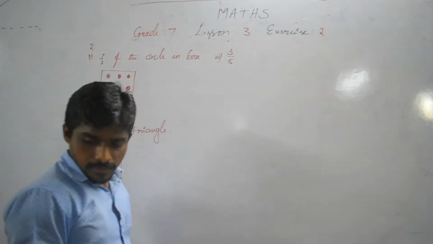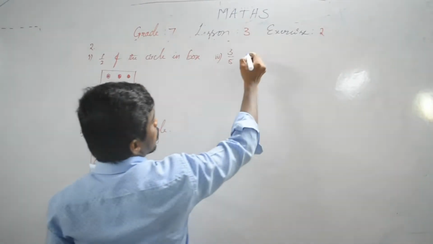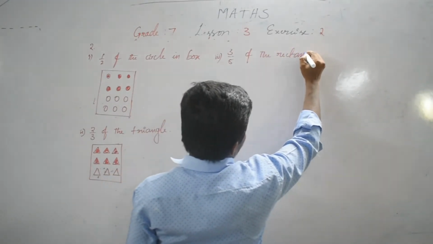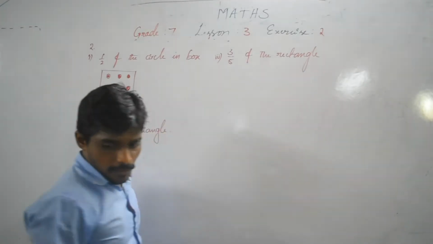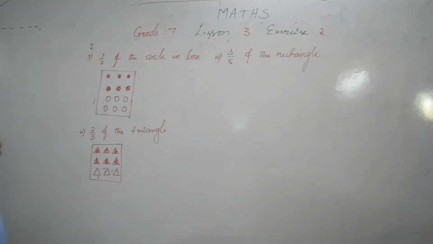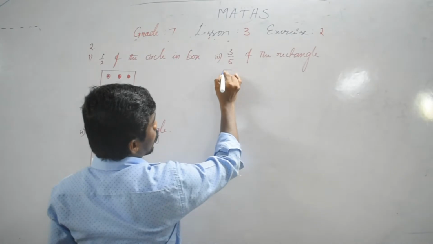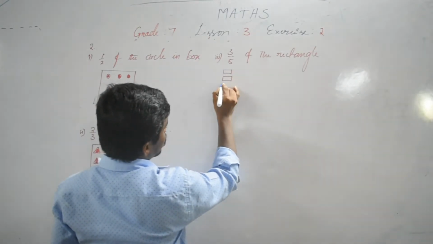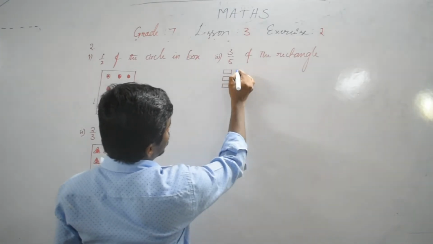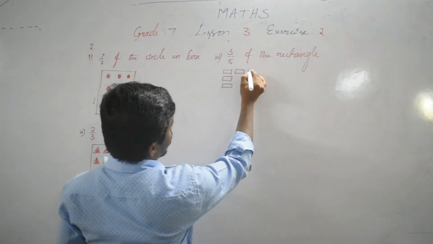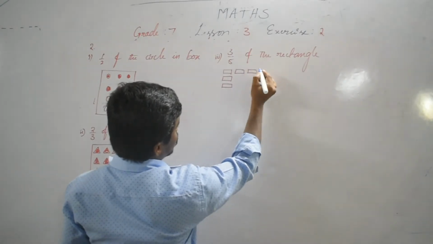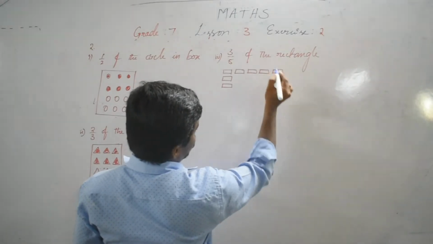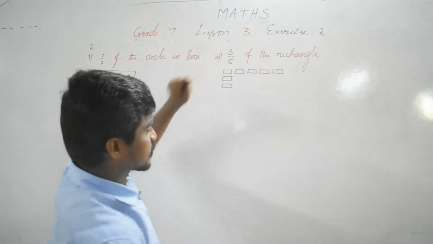Next one, 3/5 of the rectangle. So here the rectangle has 1, 2, 3, 4 rows. Here the denominator is 5.